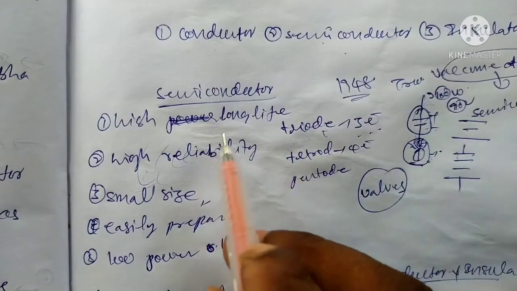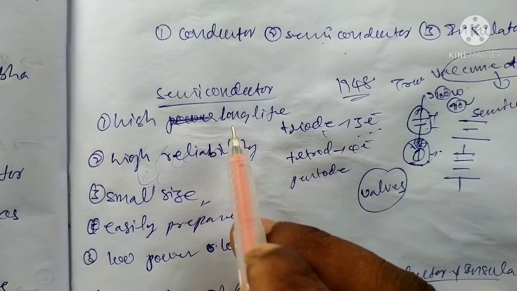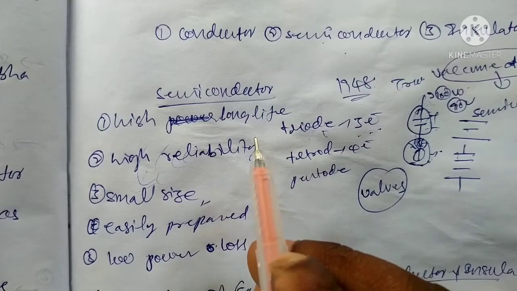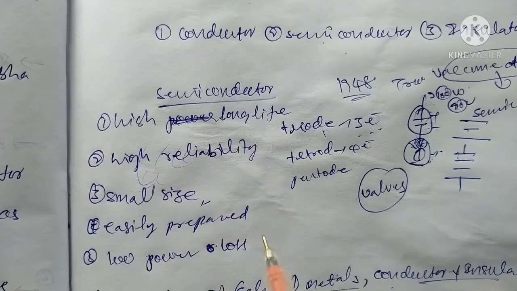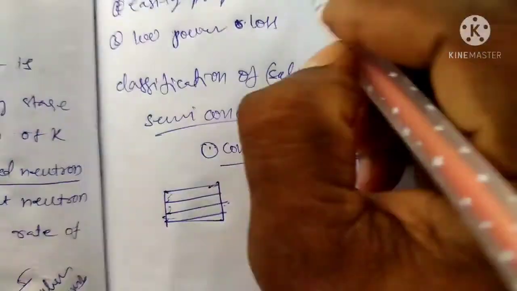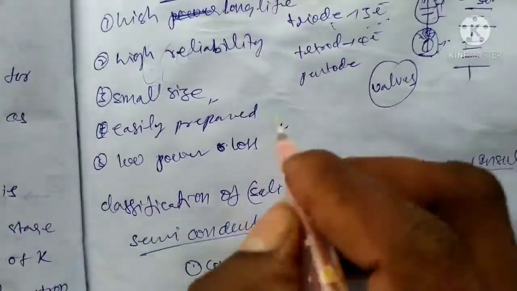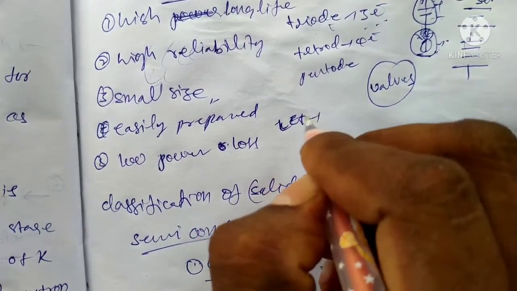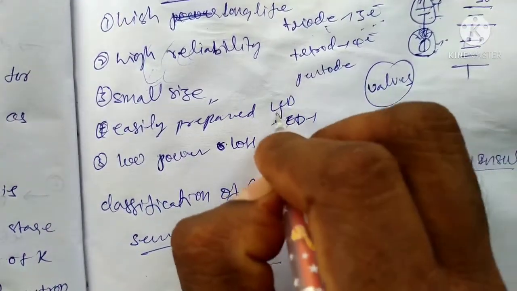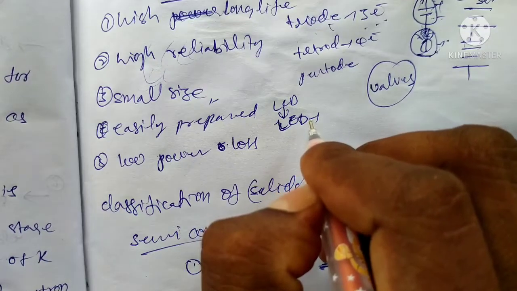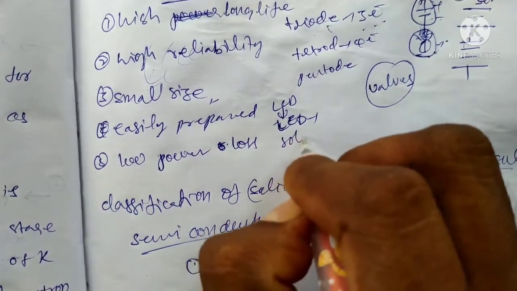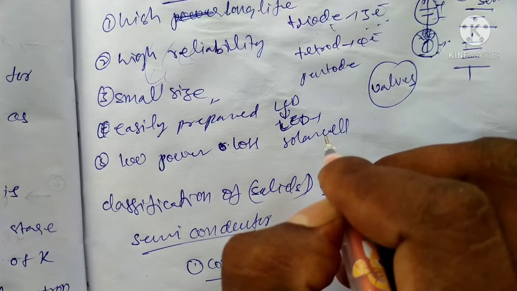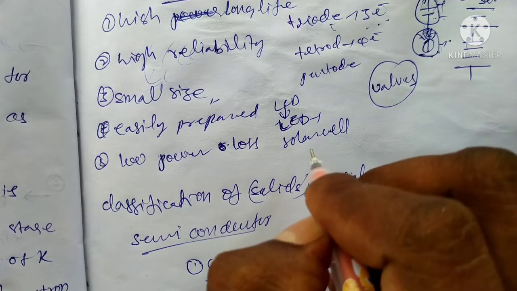Semiconductors are used in applications like cathode ray tubes, LED, LCD, solar cells, detectors of radio waves, and mobiles.